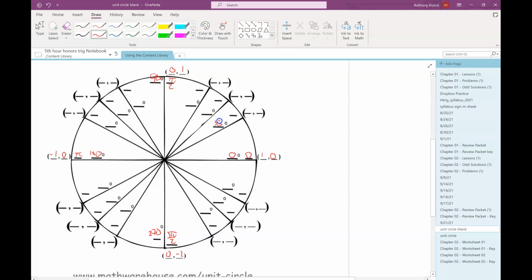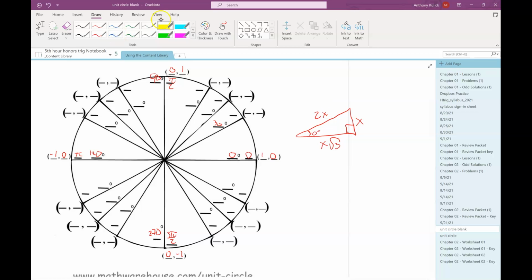My next spot is when my reference triangle makes a 30 degree angle. So the side lengths here are x, x root 3, and 2x.